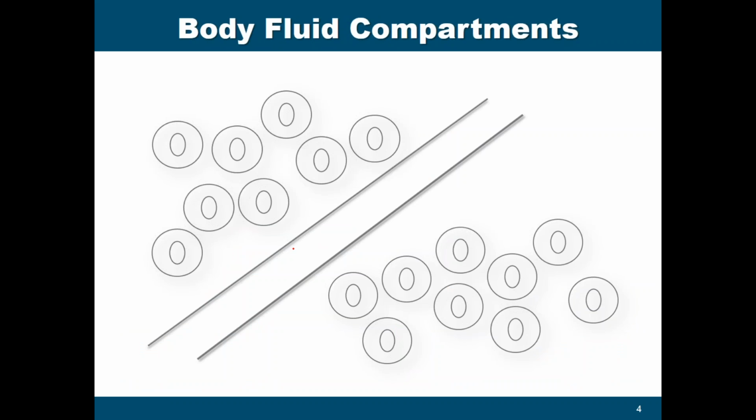Here, as a review, this is your plasma fluid or the intravascular space, and you have the intravascular fluid inside. Because of the dilation of the capillaries, there is an increase in capillary permeability that allows the plasma to rapidly shift into the interstitial spaces.